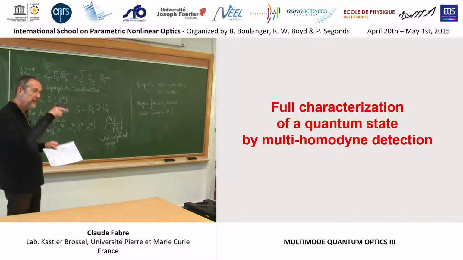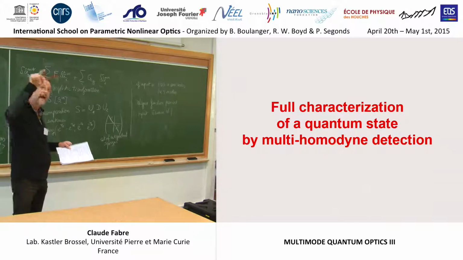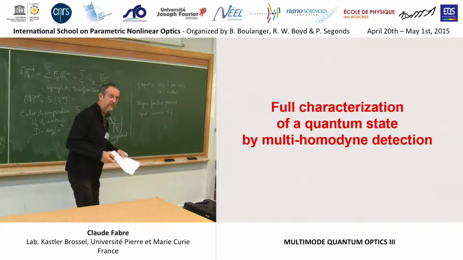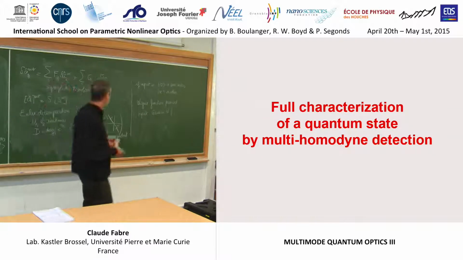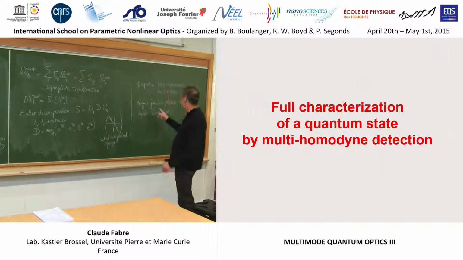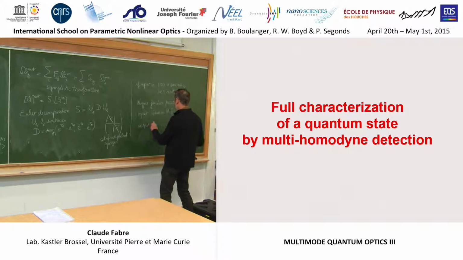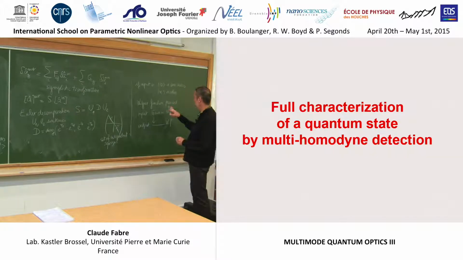So it will be an e to the something which is a quadratic form of the alphas. I have no time to go into the detail, but you see it. This is then transformed by the transformation S, so at the output you will also have a Gaussian Wigner function. And since the Gaussian has no negative values at the input, it will have no negative values at the output.